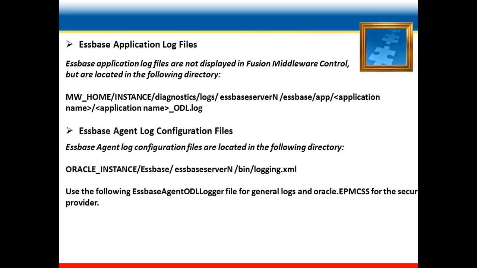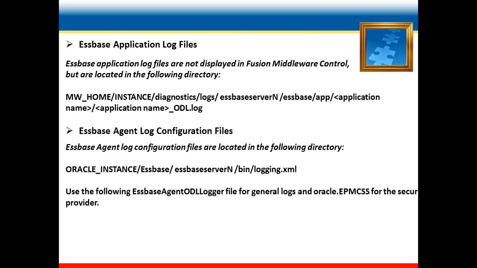Then the Essbase agent log configuration file. We can check the configuration file for the Essbase agent log at this location: Oracle instance, Essbase, then Essbase Server, and bin, logging.xml.